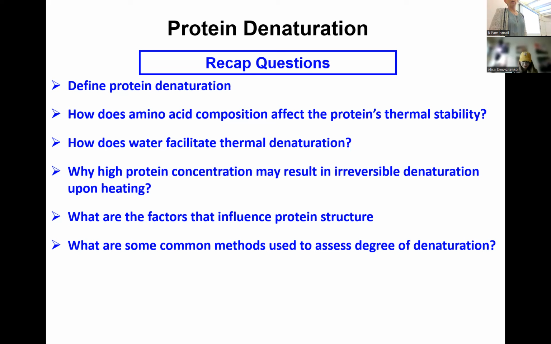Okay, what are the factors that influence protein structure, or factors that cause denaturation? Temperature, pH, salt. What about amino acids, like sequence?